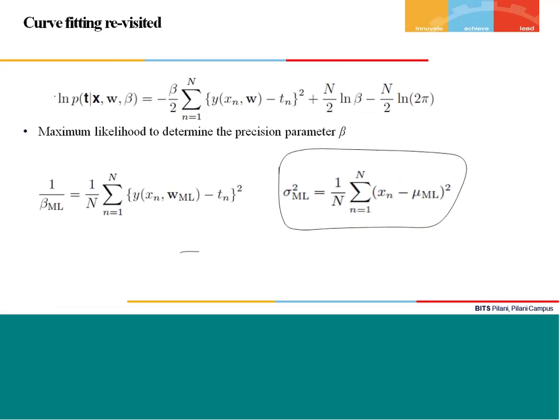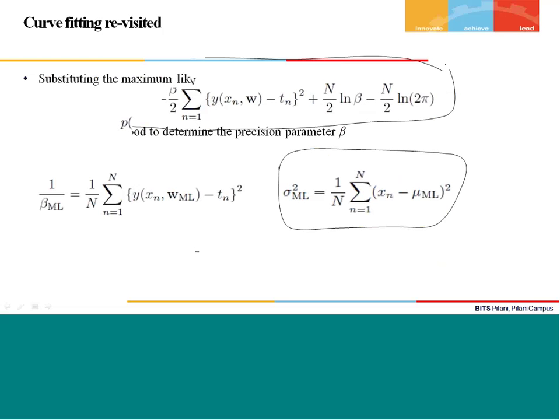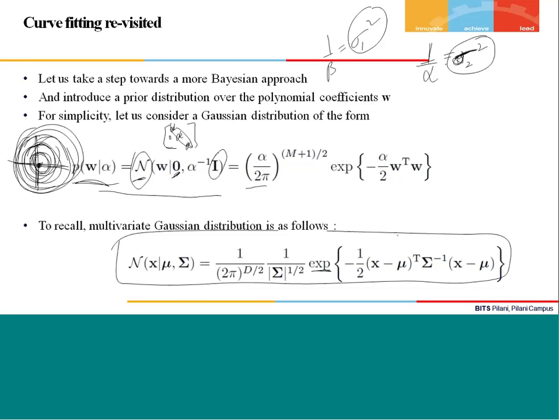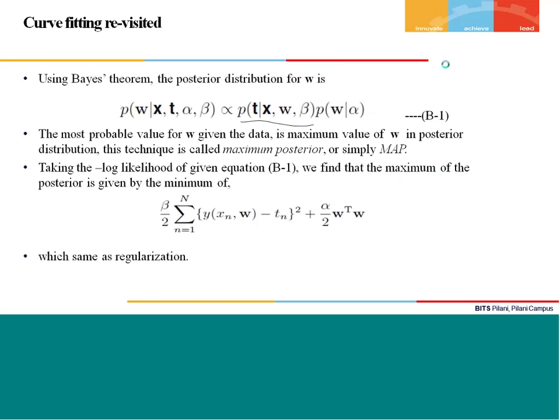This is this value. This is this value. The likelihood function is the product over every data sample. And this is the product with the prior. I am multiplying it. If I multiply it, the most probable value of W given the data is the maximized value of W in the posterior distribution.